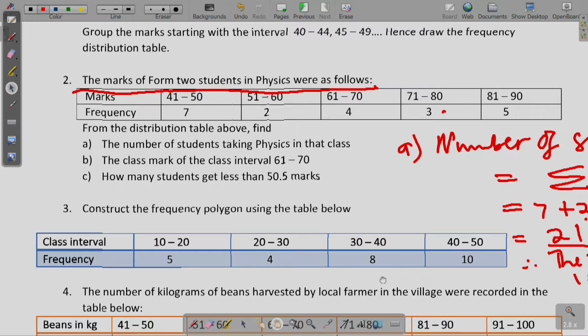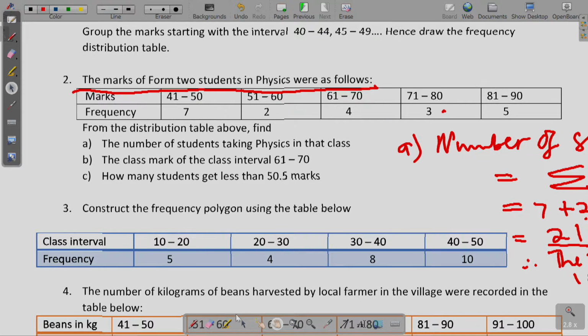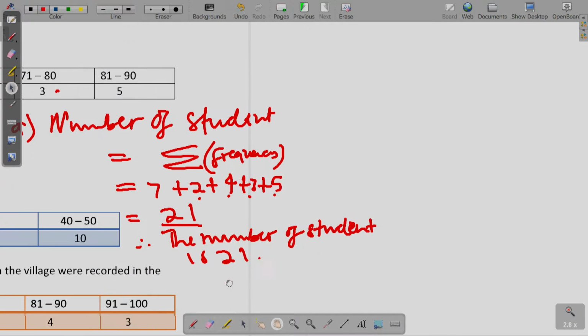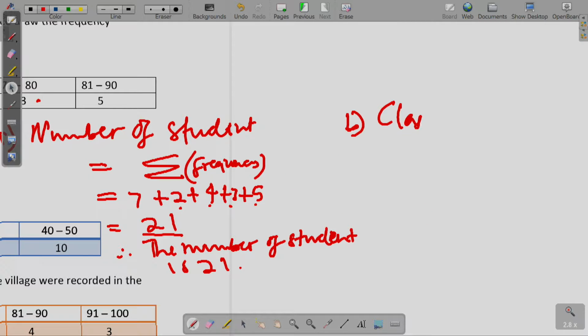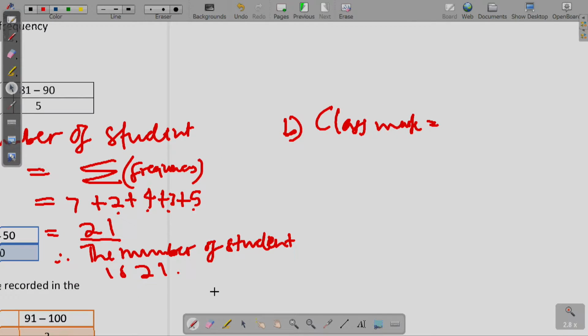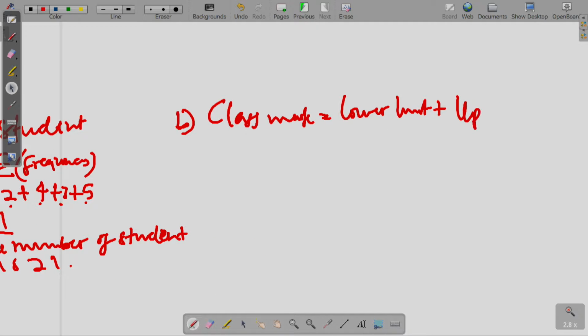Question B: the class mark of the class interval 61 to 70. We know that class mark is equal to lower limit plus upper limit, divided by 2.